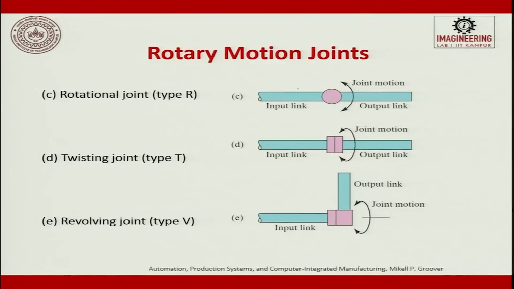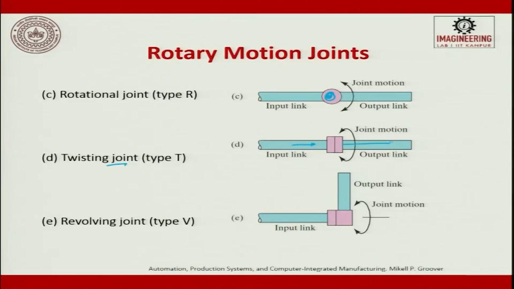Then rotational: you have an input, there is a joint which is fixed and this is able to rotate. So, this is a joint and then this swings in this direction. So, this is rotational. Twisting is about this axis if it rotates. This is about this axis which is rotational, and twist is about this.